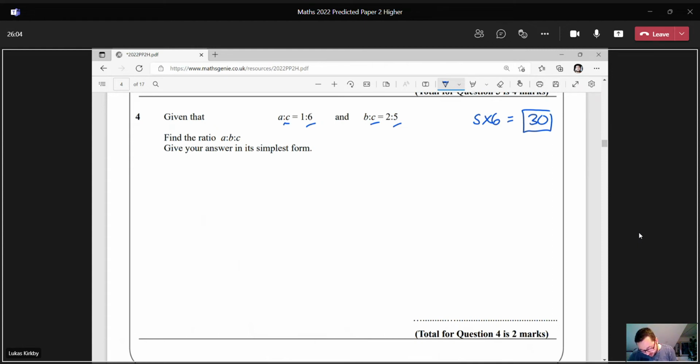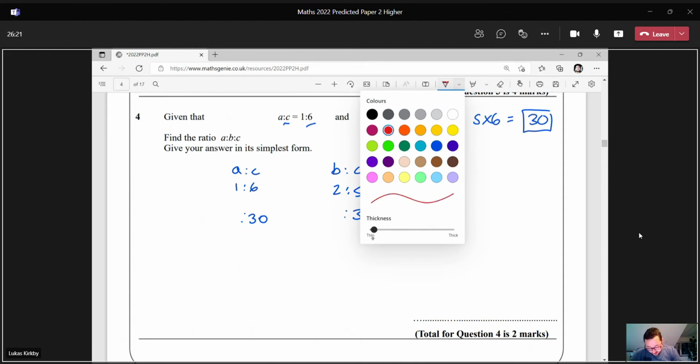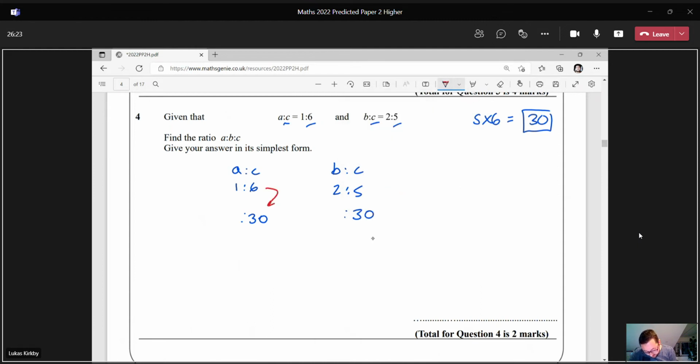So now let's just write these down again. So a to c is 1 to 6, and b to c is 2 to 5. But we want to convert these so that our c is 30 for both. Okay, now what has happened here? Well, this 6 has been times by 5, so we want to times 1 by 5 as well, so that's going to be 5 to 30.